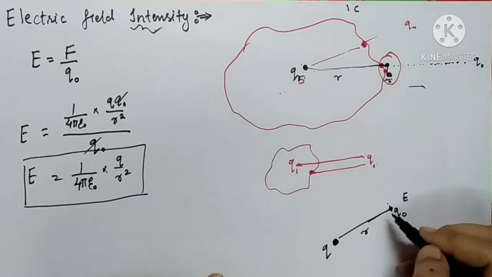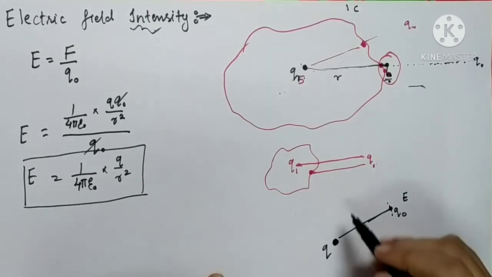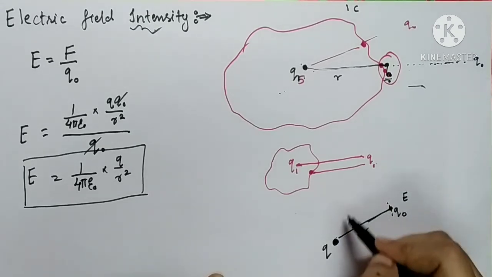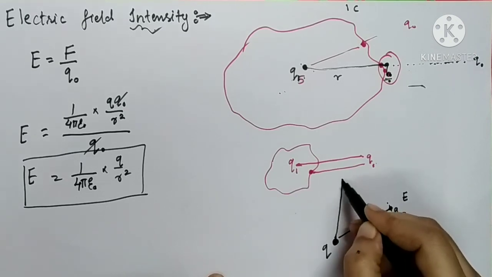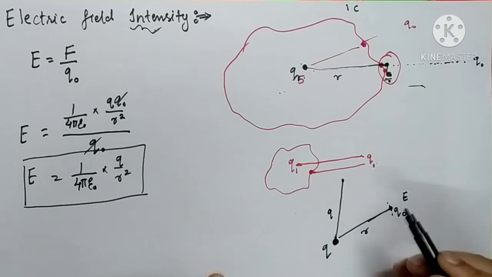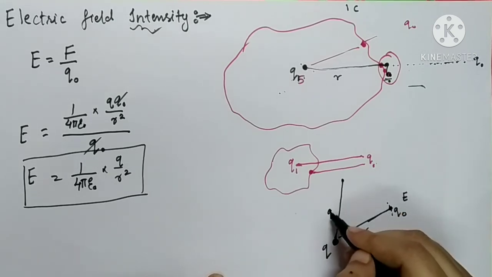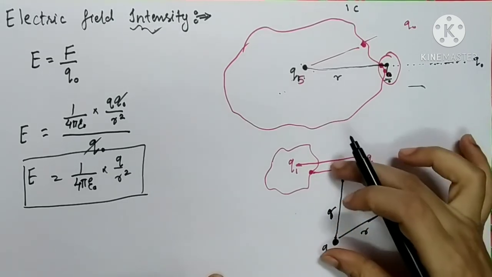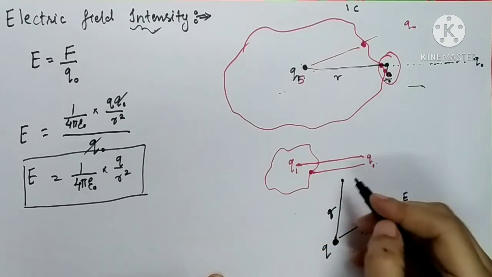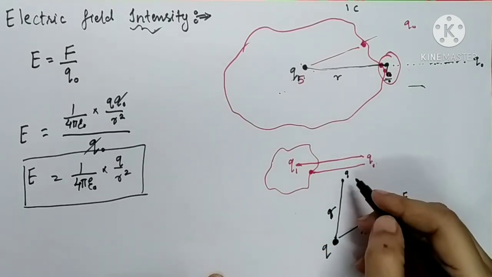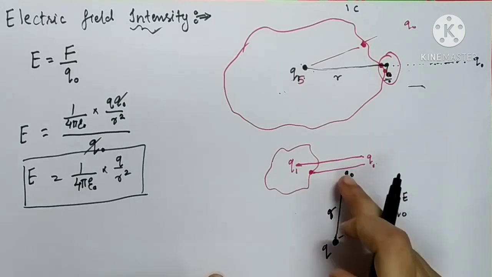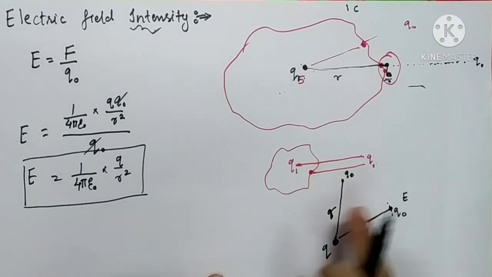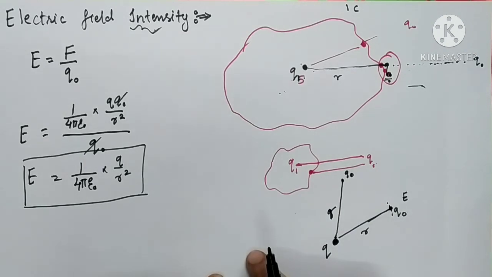Even if you keep the same charge Q0 and change its position, but the distance is fixed, at the same distance, the charge Q0 is again going to experience the same amount of electric field.